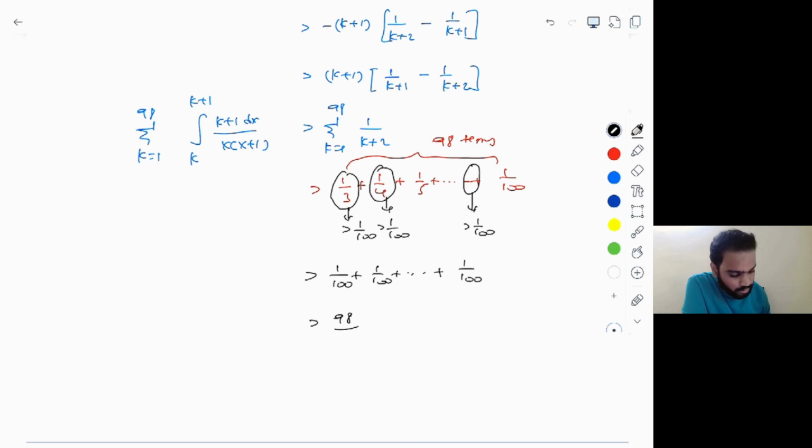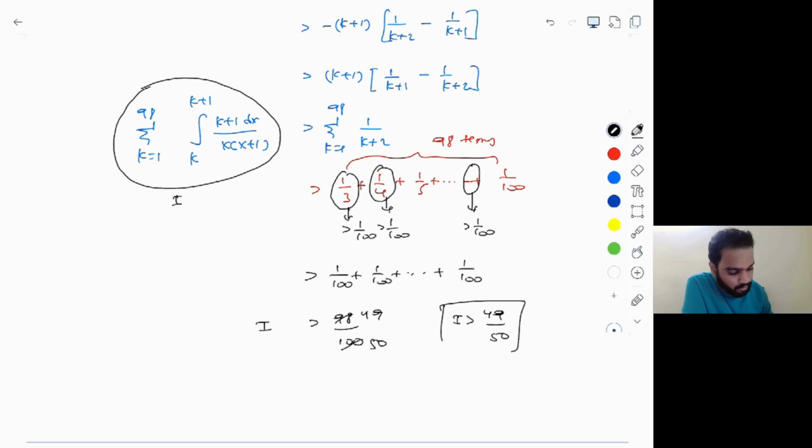So that should be greater than, whereas this is given as capital I. So capital I is greater than 98 divided by 100, which is 49 divided by 50. So we created the lower bound, which is I greater than 49 divided by 50.